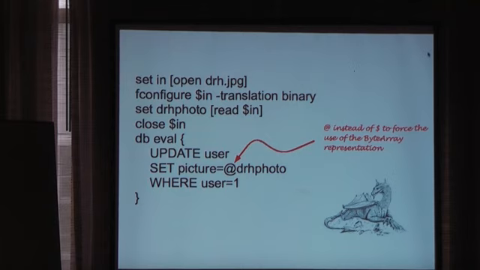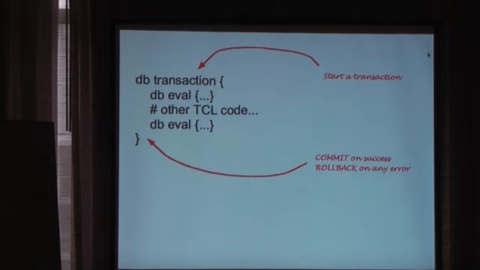Another really cool thing is the ability to manage transactions really well in Tcl. Here, you might have a transaction that involves multiple statements in SQL or in Tcl. And so the db transaction method is followed by a script, and it runs the script. And at any point in the script, if there's an error, a Tcl exception is thrown, or you actually specifically call the error command and throw an exception, it comes out of the script as an error.